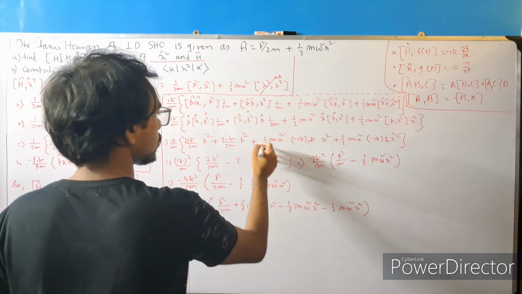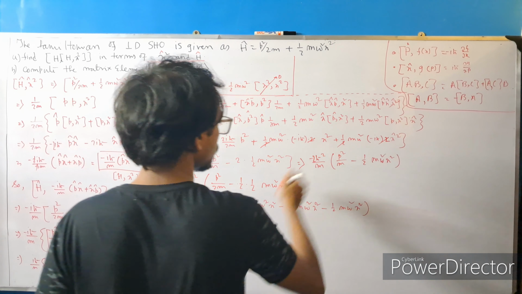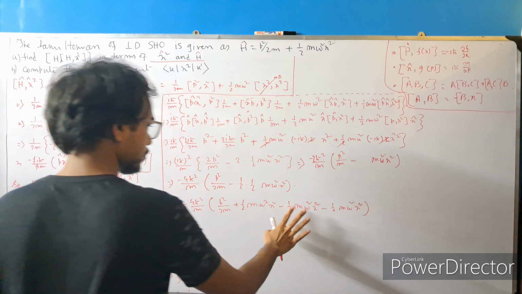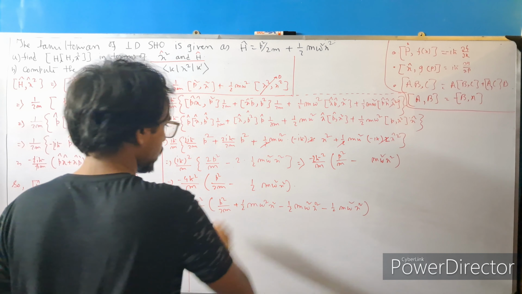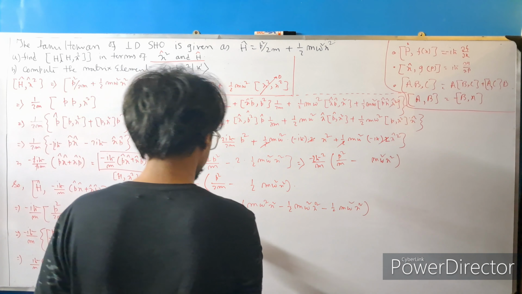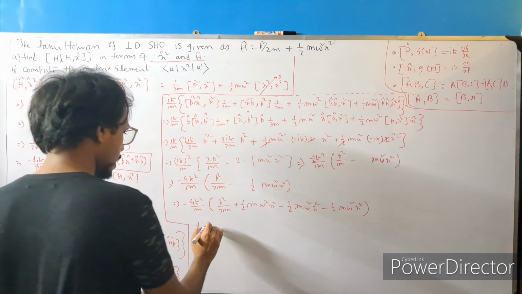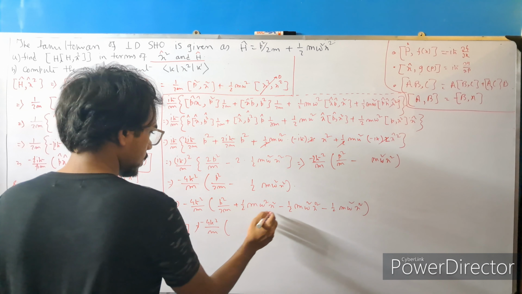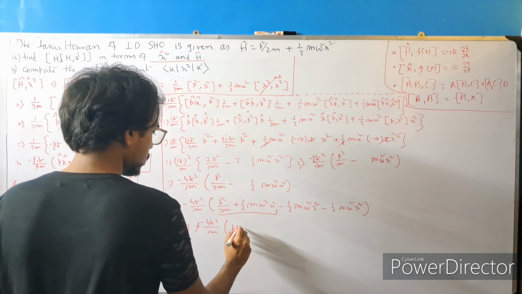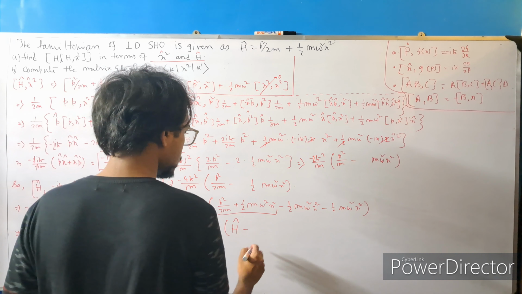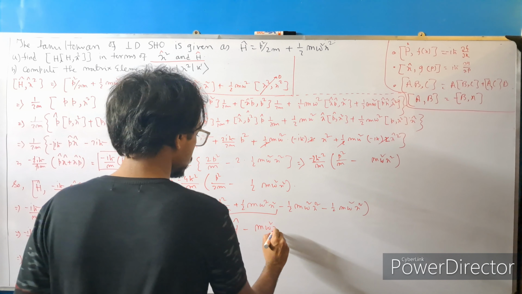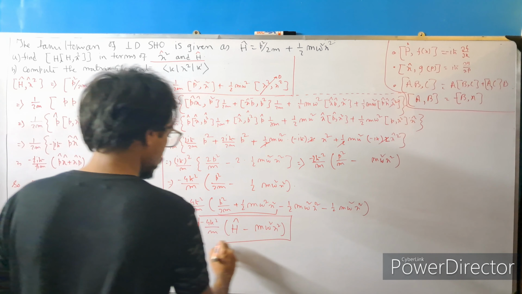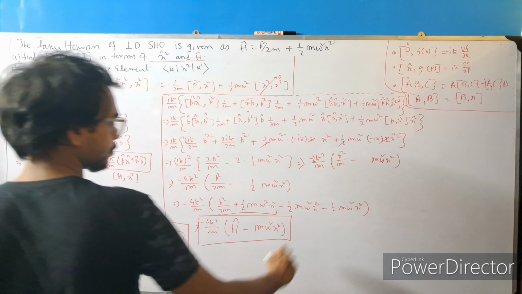So this 2 will get cancelled out with this 2. So there is no half here, okay? There is no 1 half extra here. And finally we can write that minus 4 h cut square by m, and this thing is just the Hamiltonian. So Hamiltonian minus m omega squared x squared. This is my required value.